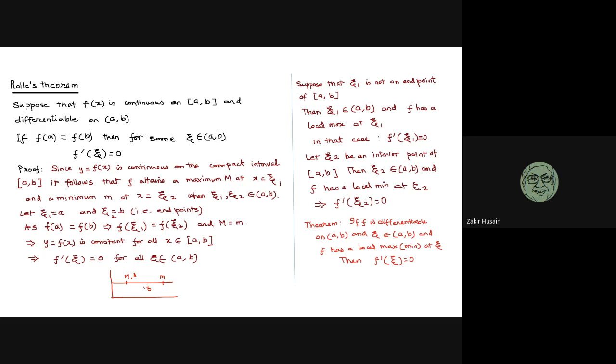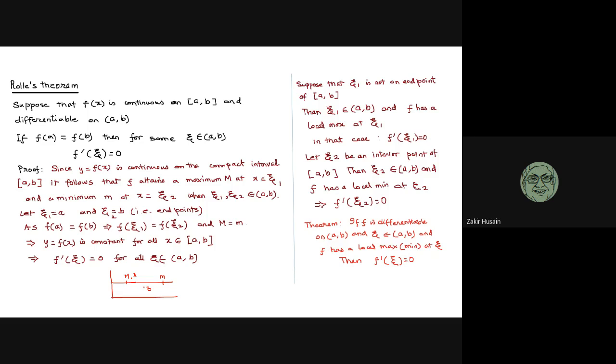If I have a point like B, what is the minimum? This or this? So B becomes the minimum. Right. So I cannot have any point which is above this line. I cannot have any point which is below the line.